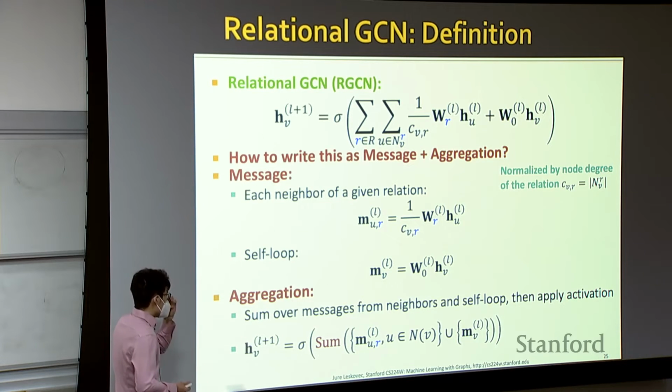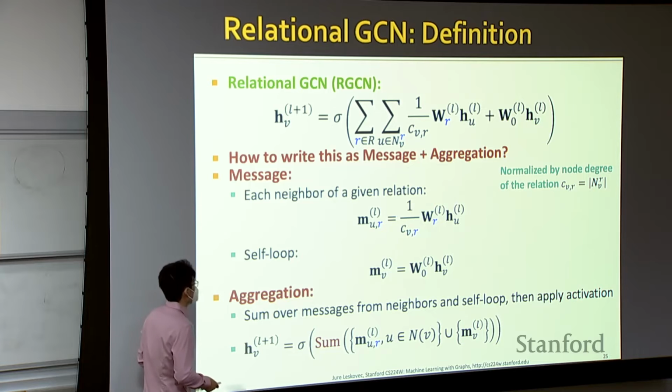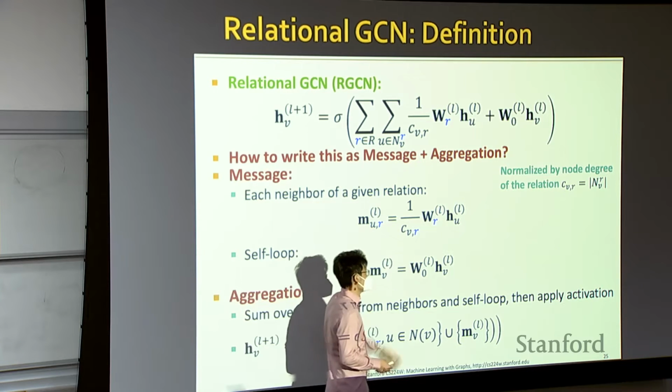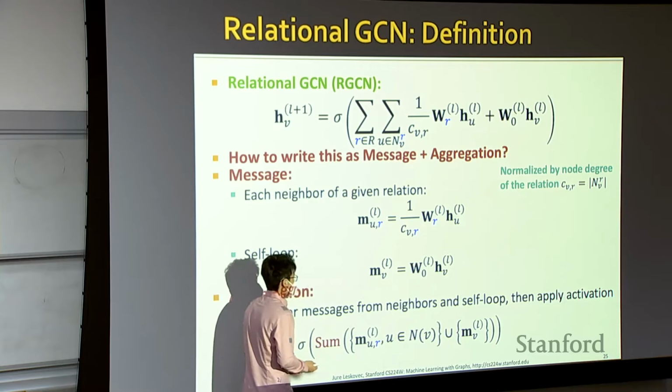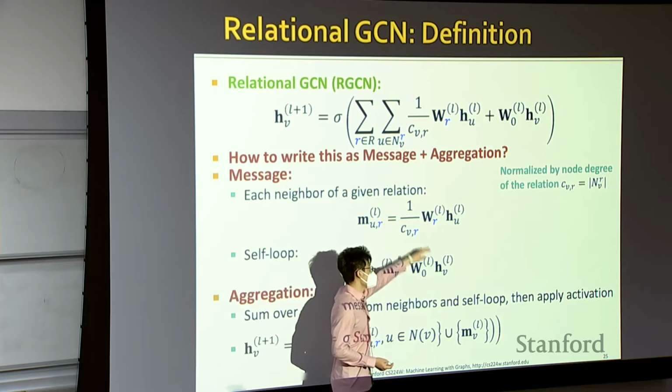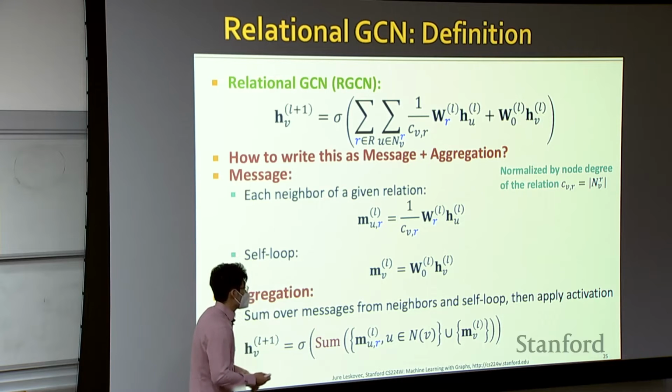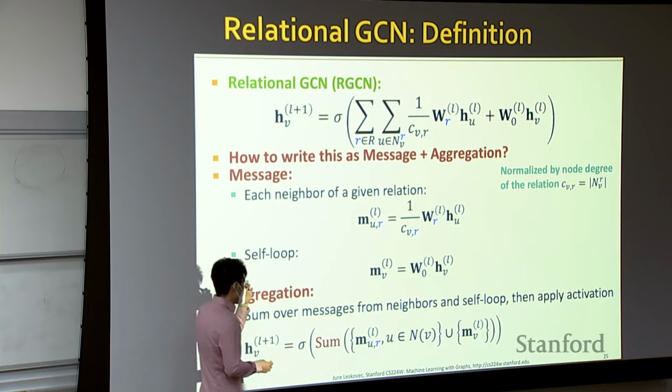So now for a heterogeneous graph, the message computation is specific to a given edge type. So you can see there a subscript R says that this weight matrix is particular for one given relation type.